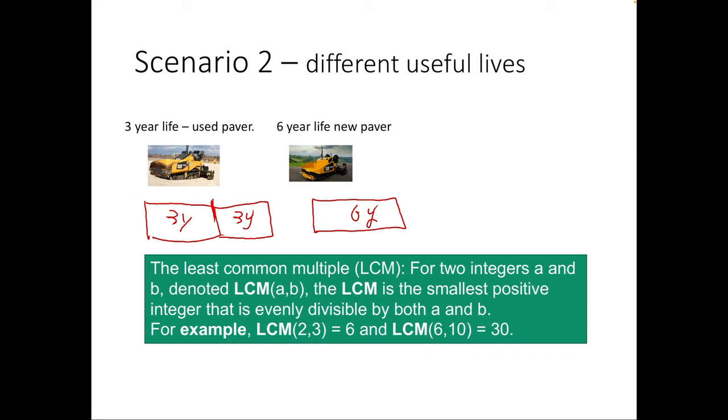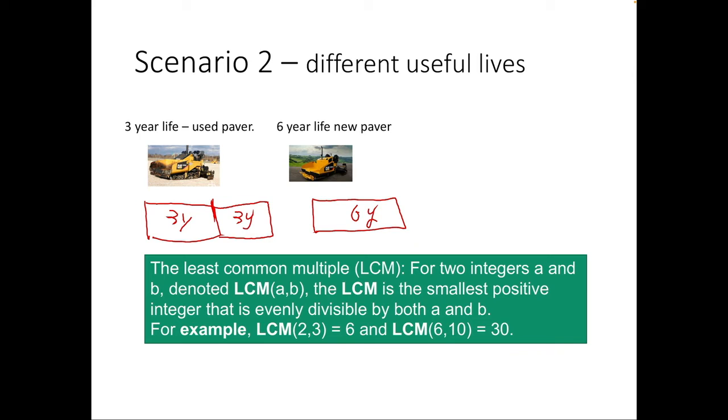Okay, so here, what is the least common multiple? For two integers, a and b, denoted LCM, so LCM is the least common multiple, it is the smallest positive integer that is evenly divisible by both a and b.